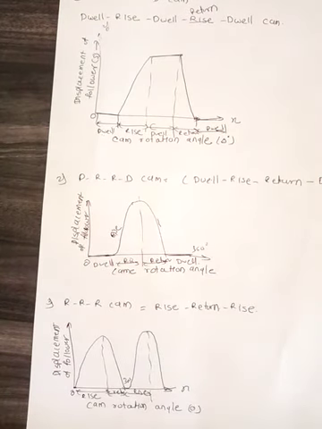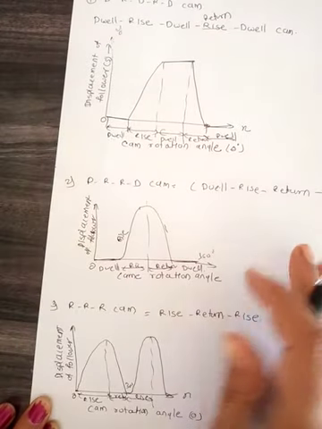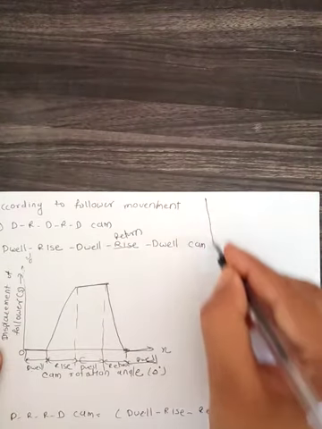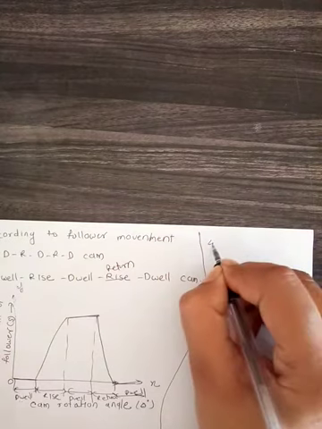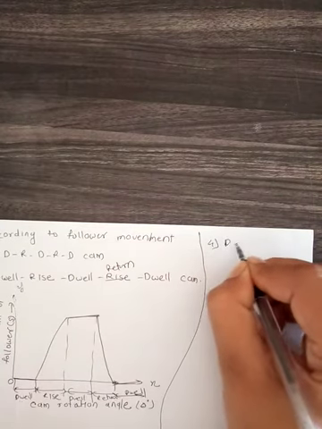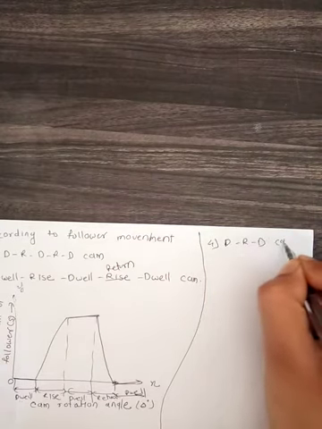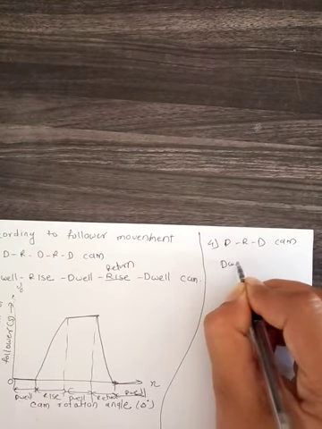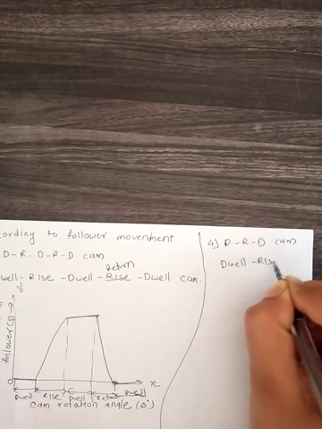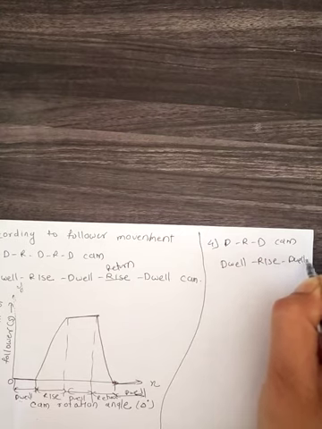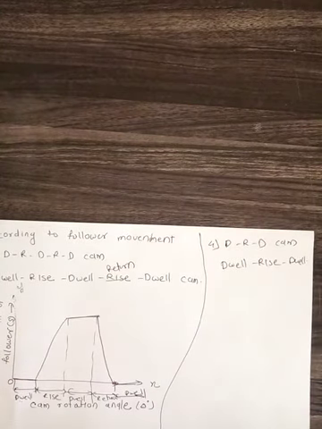The fourth classification will be the DRD cam, meaning dwell, rise, dwell.